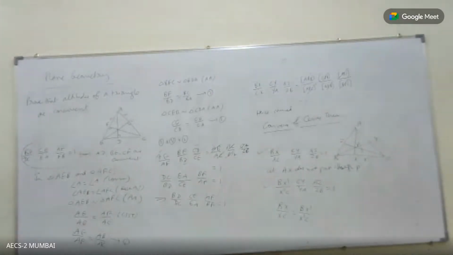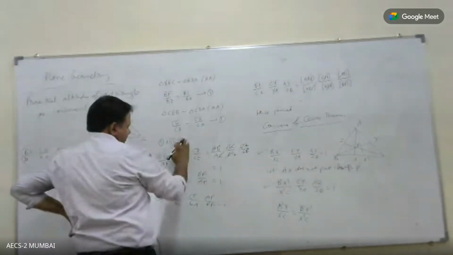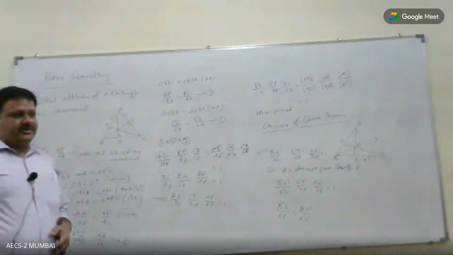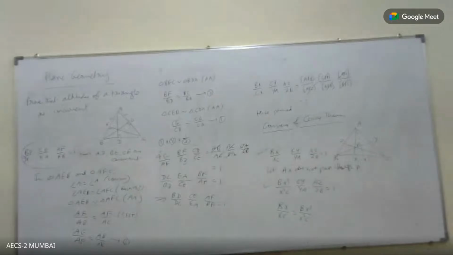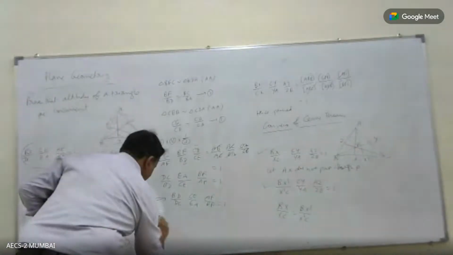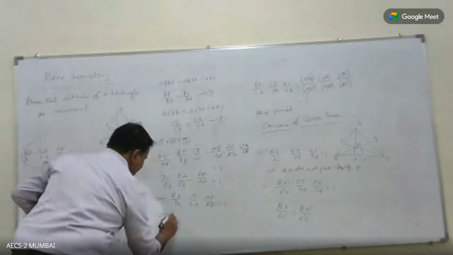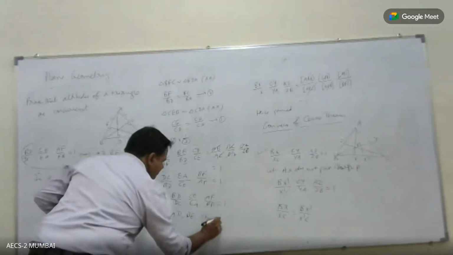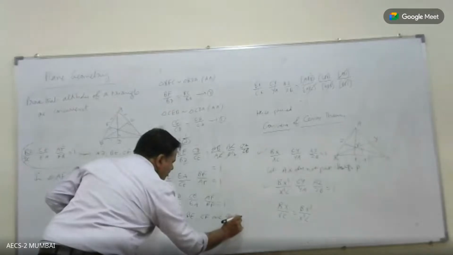So I need to do one connection. This has to be what? Right. This implies AD, BE, CF are concurrent.